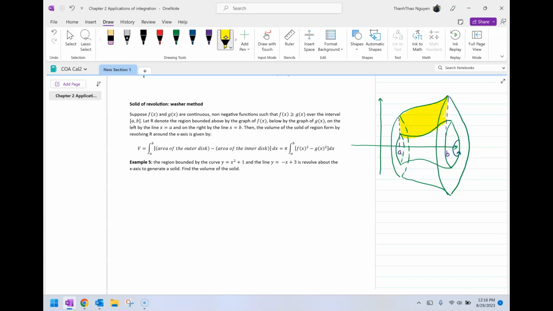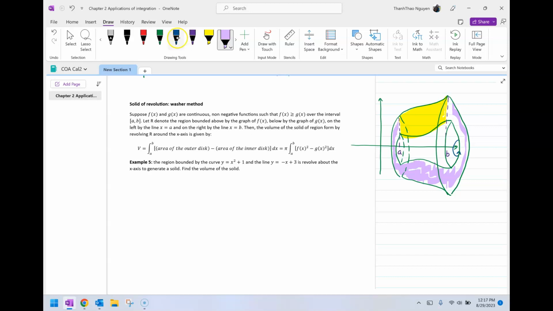And this part here, let me just color this in. This is our solid that we're looking at. Note that to find the volume of that vase, we have to find the volume of the outer edge and then subtract the volume of the one formed by the inner edge, or the hollow.